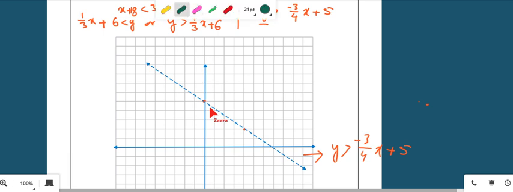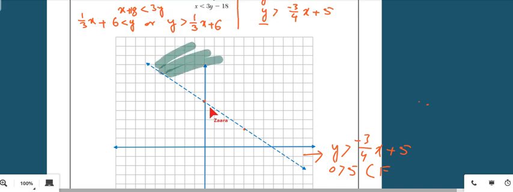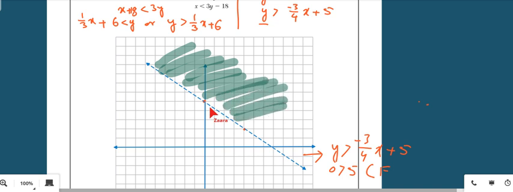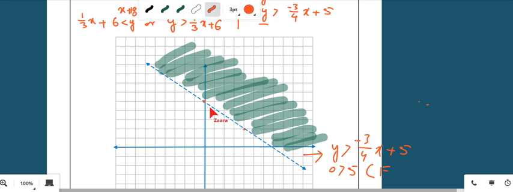For the test point 0, 0, we have 0 is greater than 5, which is false. So we have to shade the right side. So we will shade it this way. Clear? I got that because it fails the test point.